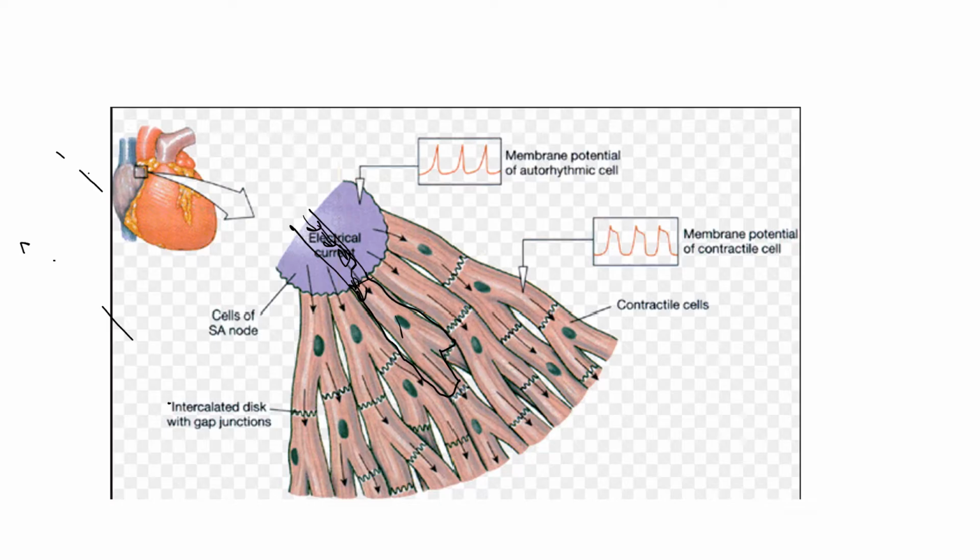And then that wave of positivity moving into the contractile fiber will depolarize it to threshold. And then the contractile fiber will generate an action potential too. The action potential will travel down the contractile fiber, and then move into the next contractile fiber due to the gap junctions, and then into the next and the next and the next contractile fiber.